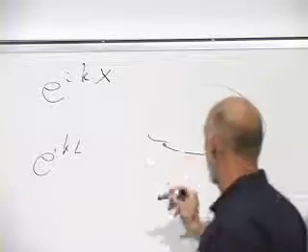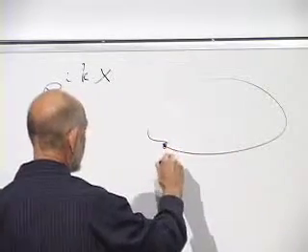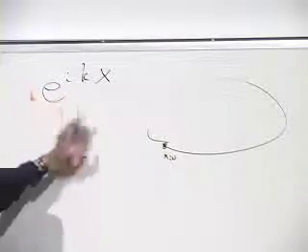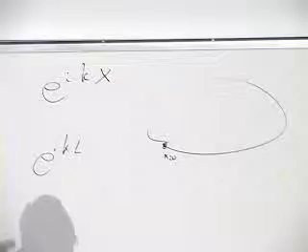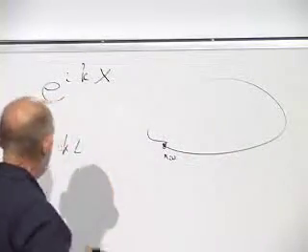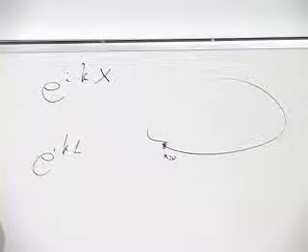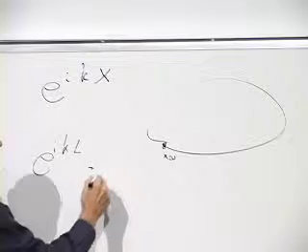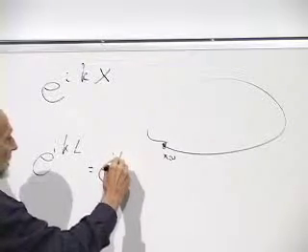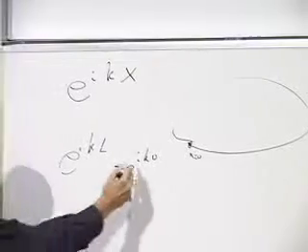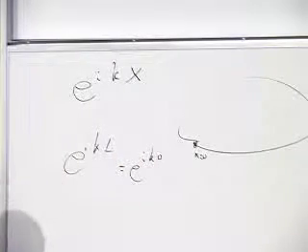At x equals 0, here's x equals 0 right over here, this function is 1. When x equals 0, any exponential of x is 1. And when it goes all the way around, it better come back to itself. So that means that e to the i k L must equal e to the i k 0, x equals 0, x equals L. e to the i k 0 is just 1.